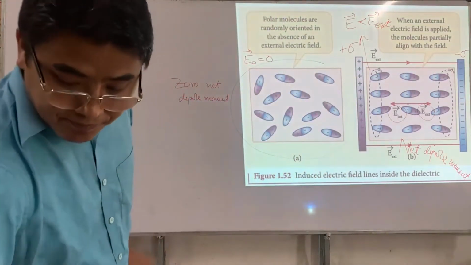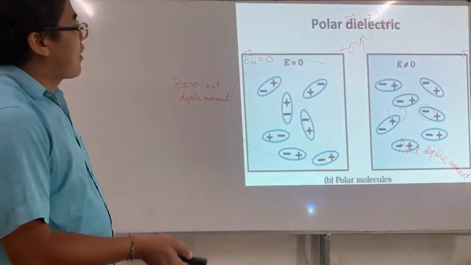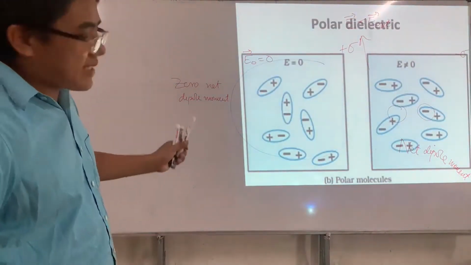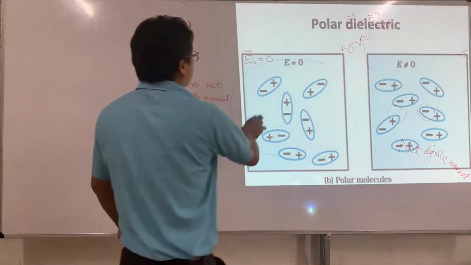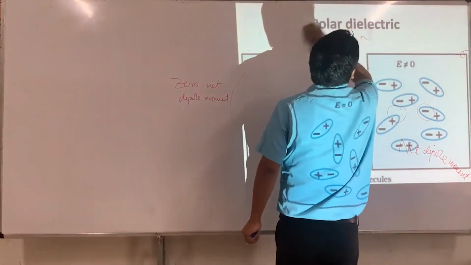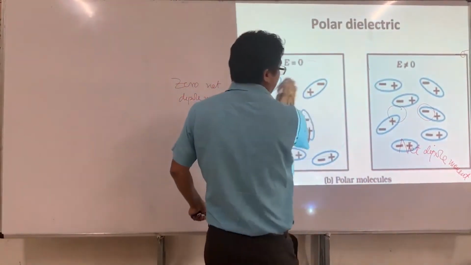And so this is for polar molecules. This is the textbook diagram, and I think you don't need much explanation here.